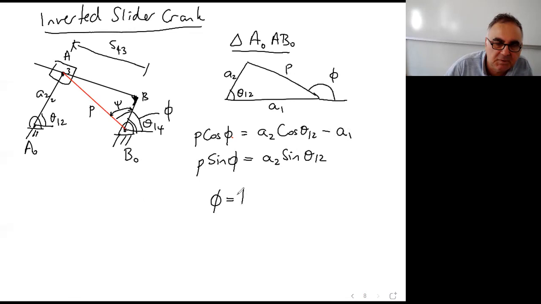Phi is simply the tangent inverse, you divide them to each other, 2 to 1.